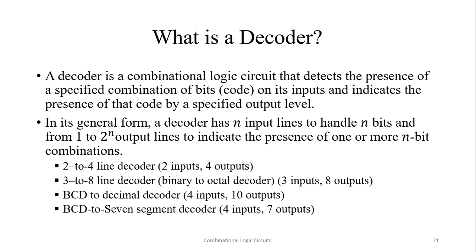What is a decoder? A decoder is a combination logic circuit that detects the presence of a specified combination of bits code on its inputs and indicates the presence of that code by a specified output level. So basically a decoder is a combination logic circuit.